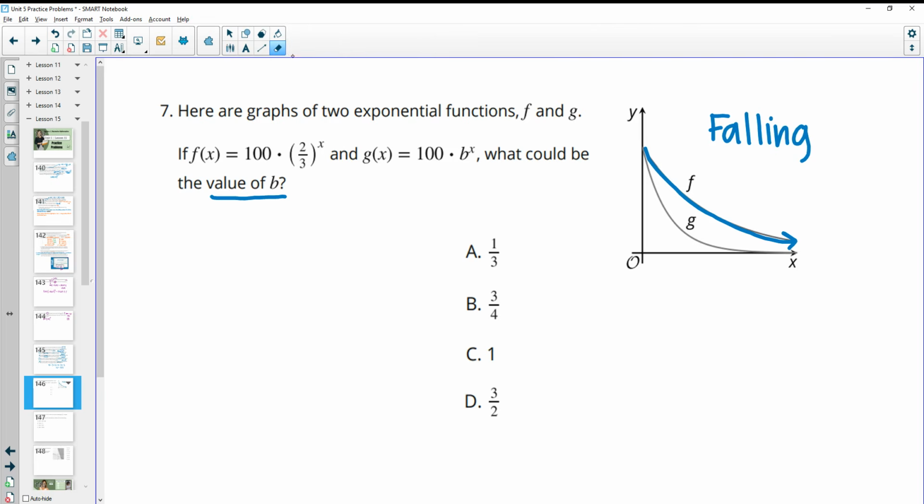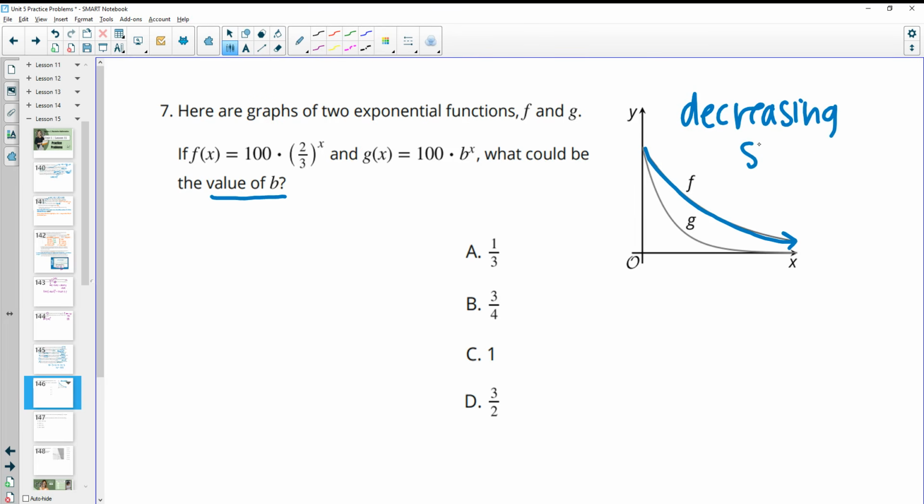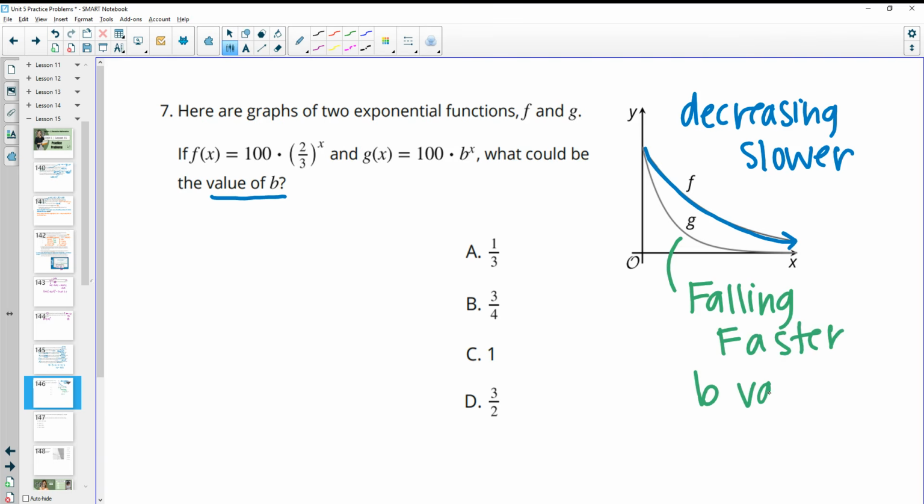So f is falling or decreasing slower. That means that g is falling or decreasing faster.